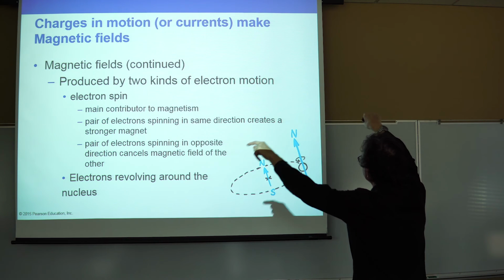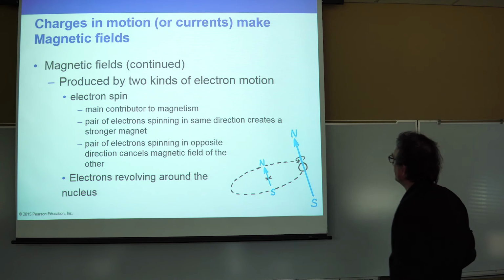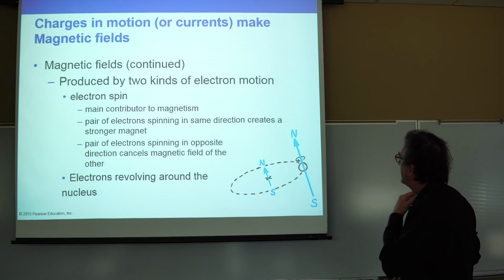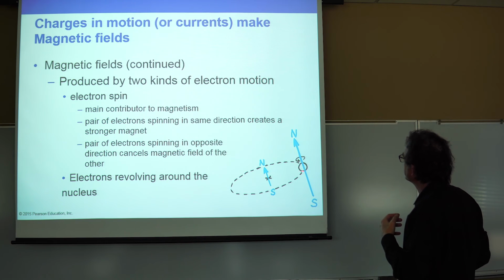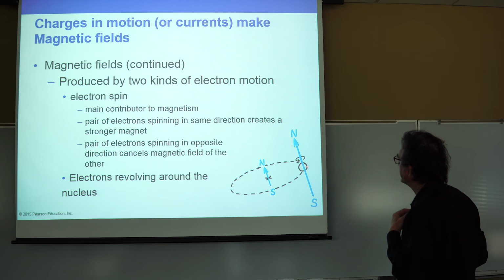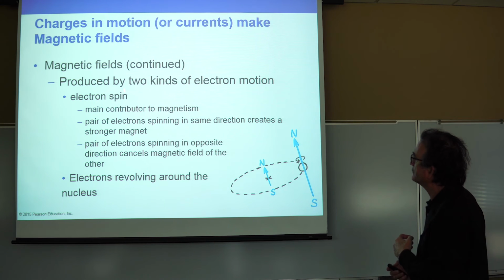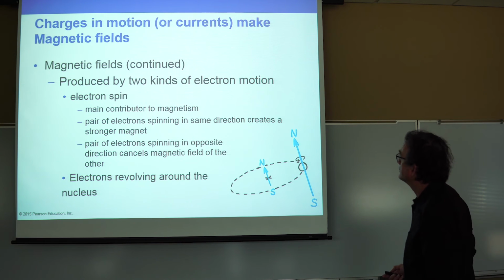They come out, diverge, go around, and come back in at the South Pole. As we said, the field produced by this spinning electron is much more significant from the magnetism point of view than the orbital motion of the electron going around the atom. So the electron spin is the main contributor to magnetism.